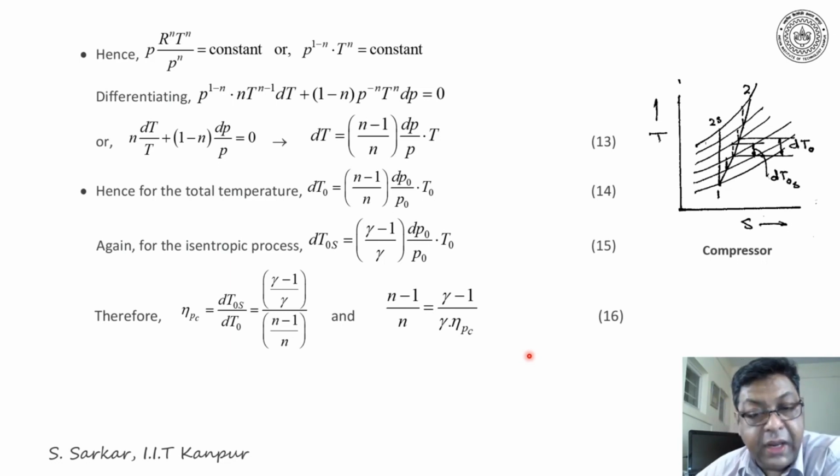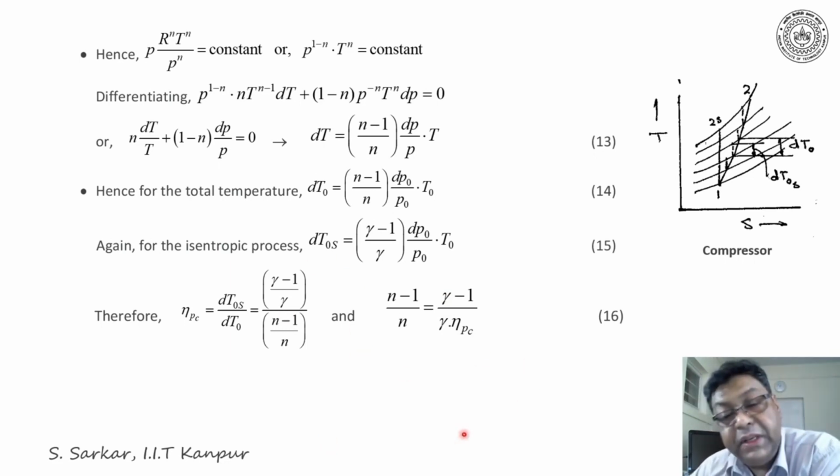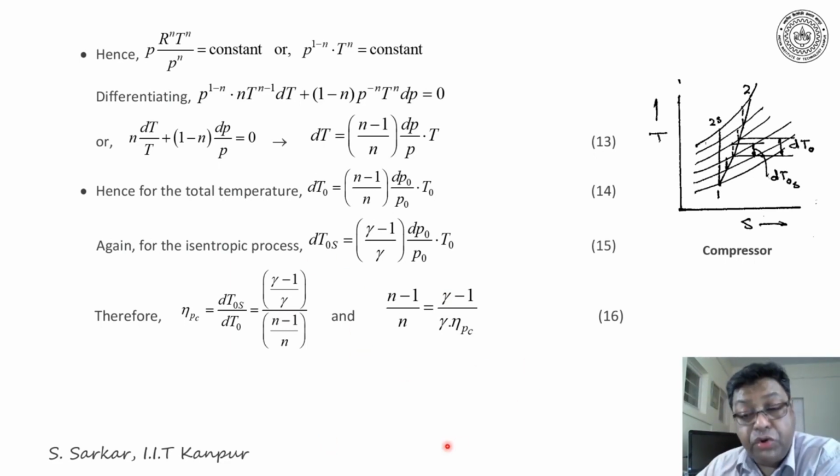Similarly, for a turbine, I can derive the similar expression, which would be n minus 1 by n equal to eta Pt into gamma minus 1 by gamma, where eta Pt is the polytropic efficiency for the turbine.